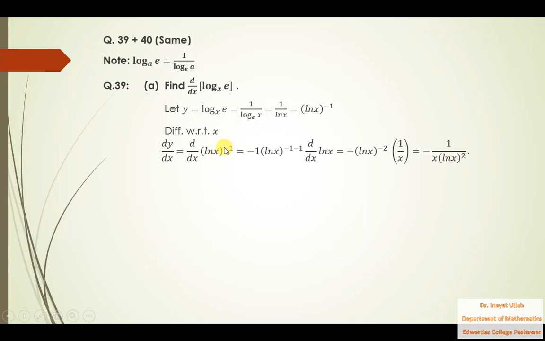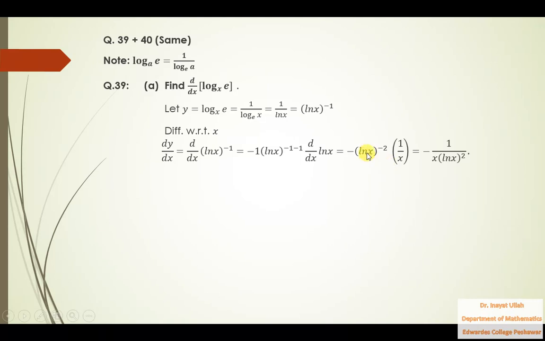The extended power rule is used here. So dropping this -1 in front of ln x, subtracting 1 from the power, and multiplying by the further derivative of ln x. Now ln x to the power -1 -1 is ln x to the power -2, and the derivative of ln x is 1 by x.